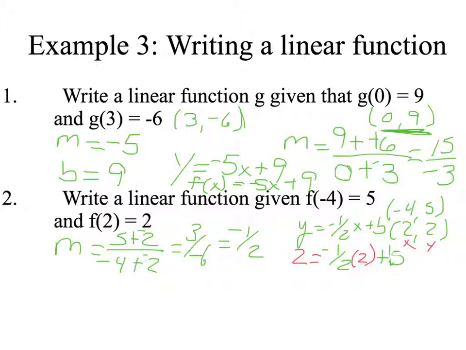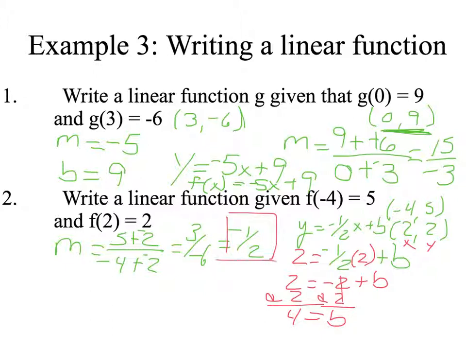We don't know what b is yet. So now we're going to go through and multiply. Negative 1/2 times 2 is negative 2 plus b. Add 2 to each side, and we get b equaling 4.